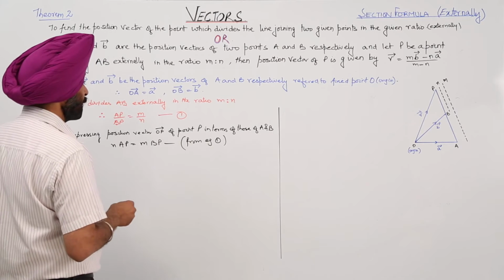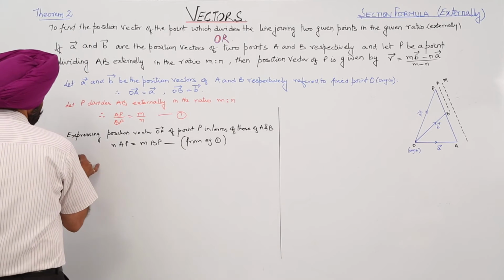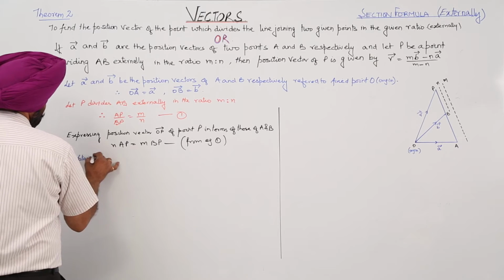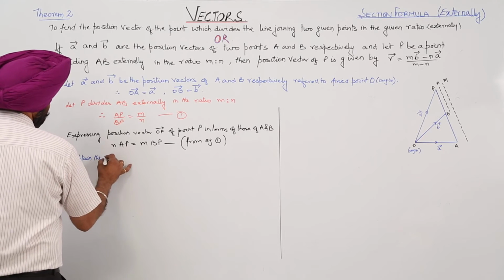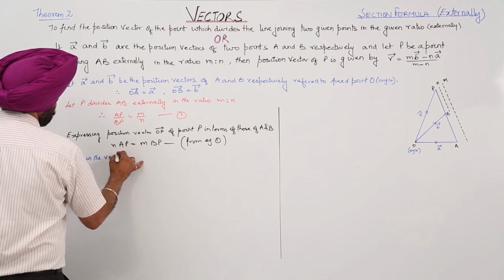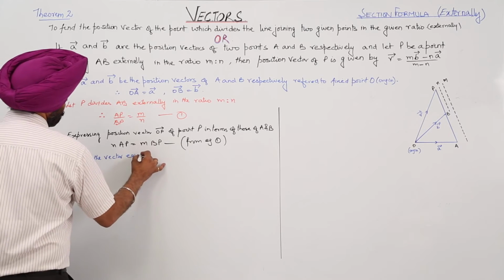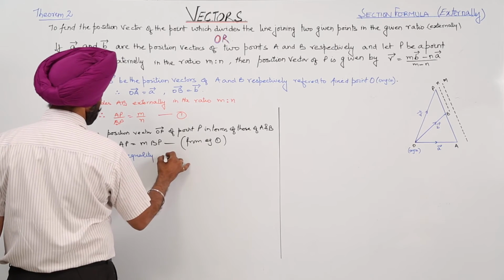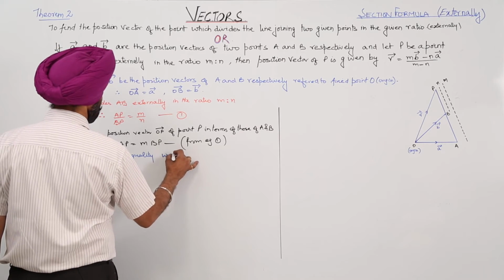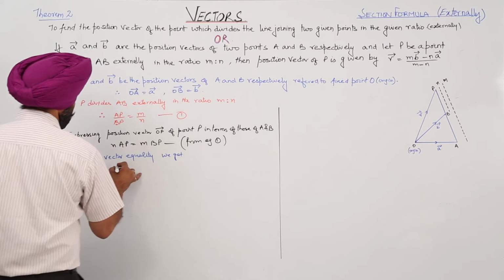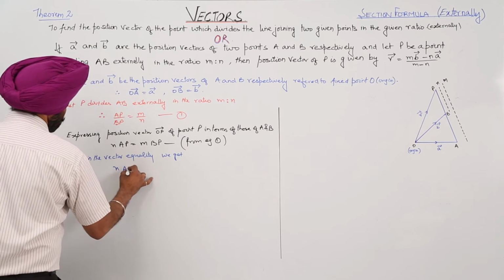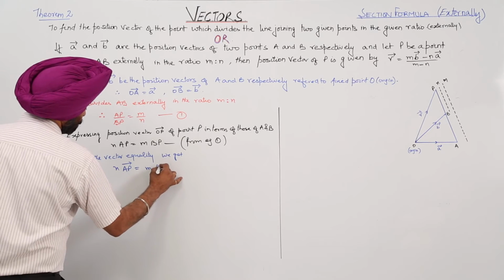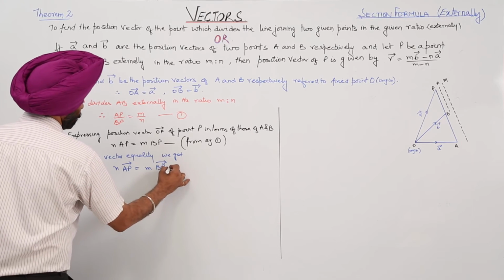Now obtaining the vector equality, we get n times vector AP is equal to m times vector BP.